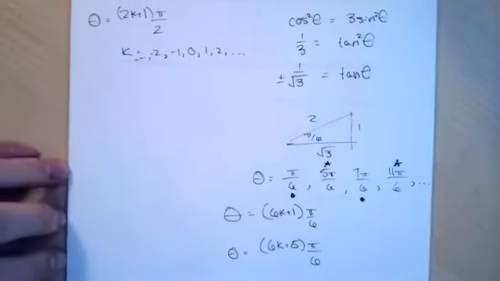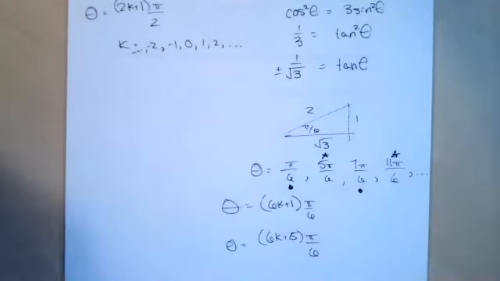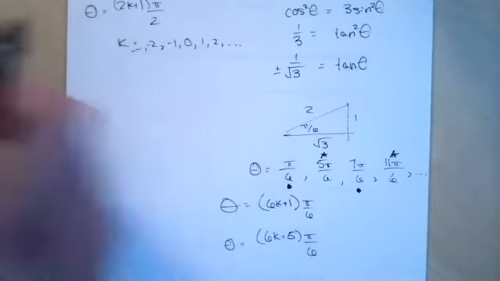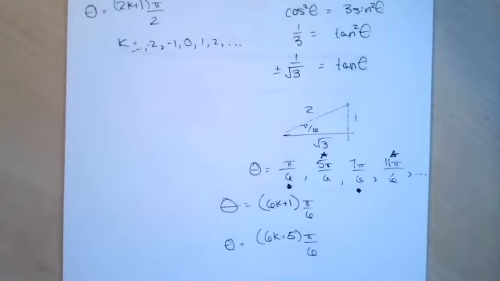So those are our points. And of course, because this loop is going to keep going around and around and around, which is why we find essentially there's infinitely many times when we have a vertical tangent line.